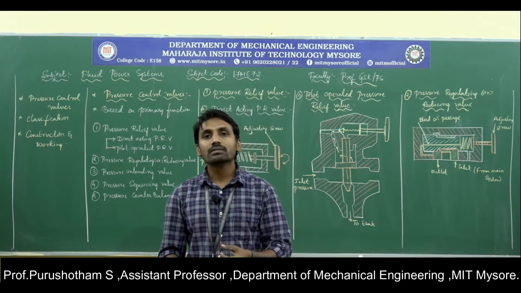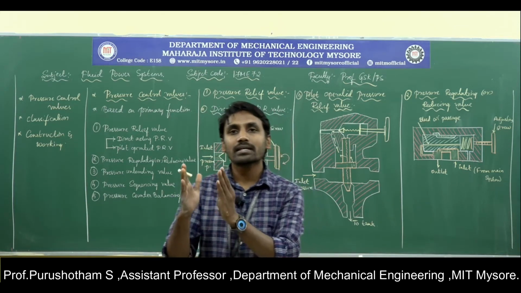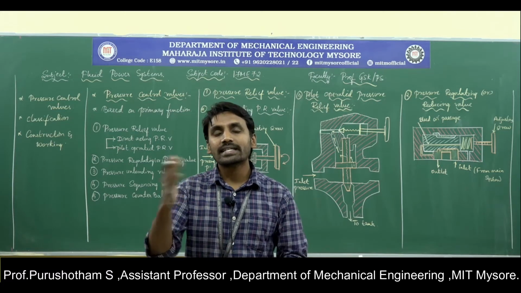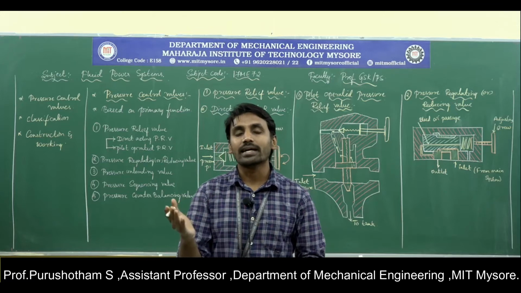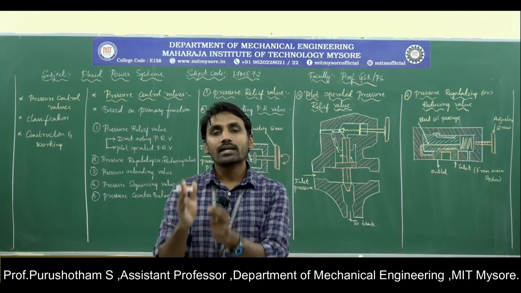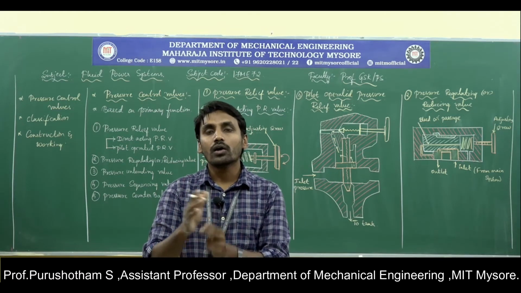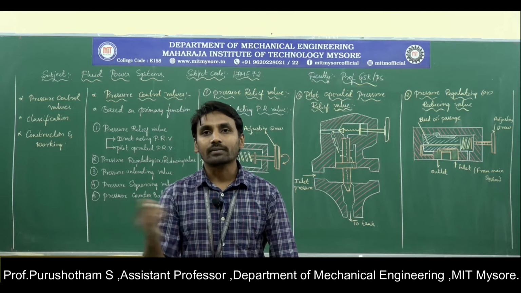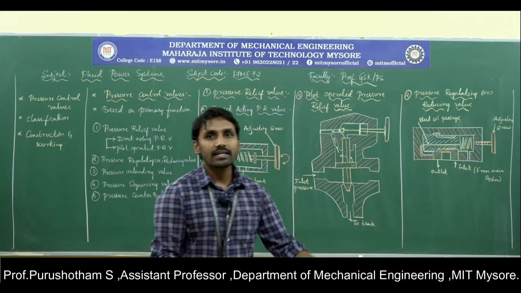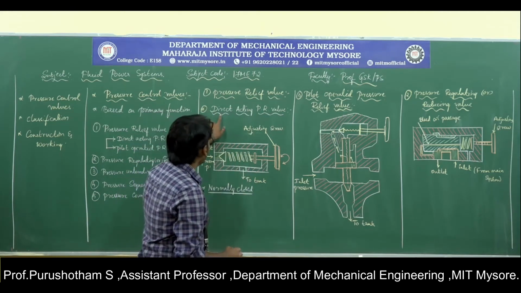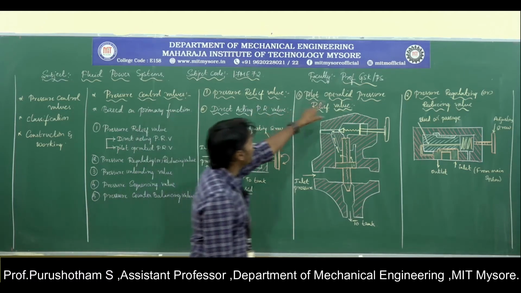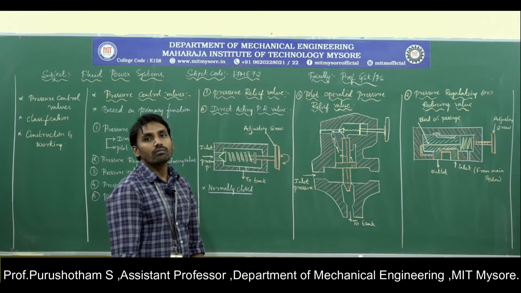That means if the maximum pressure of the system is around 30 psi and it exceeds that, this pressure relief valve will divert some part of the fluid, or all the output from the pump, to the tank. This is the function of the pressure relief valve. Under this, as I told before, we can see two types: the first is the direct acting pressure relief valve, and the second is the pilot operated pressure relief valve.